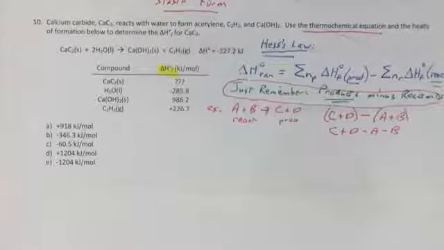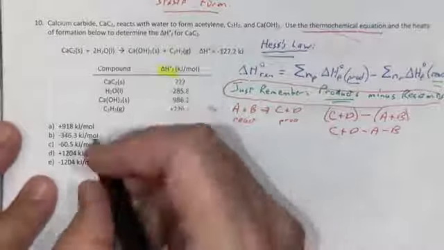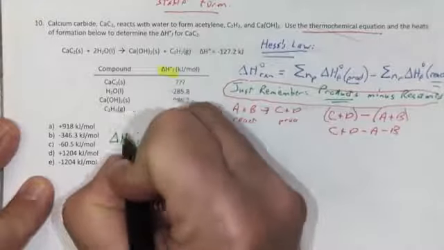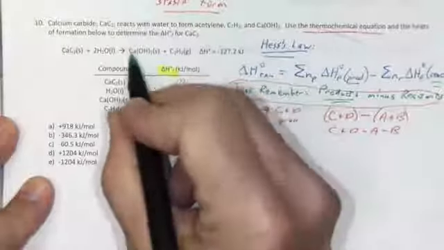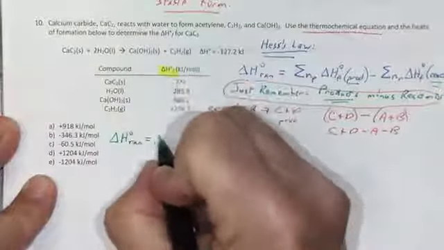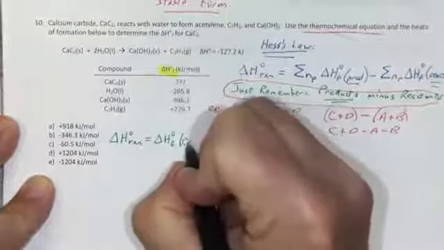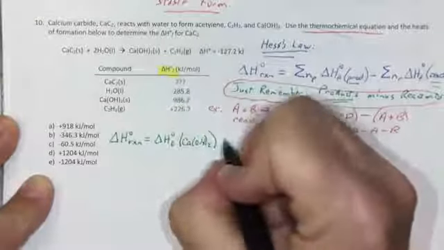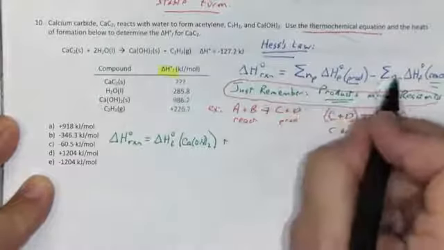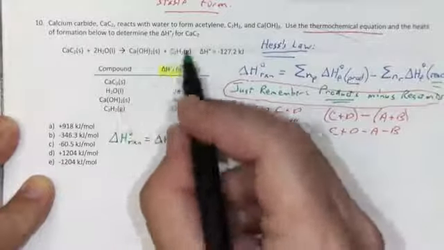Okay, so let's go about working this. I'm going to put it in words first before I plug the numbers in. So in this case, the delta H 0 for this reaction is equal to the products. It's going to be the delta H 0 of formation of CaOH2 plus 2 times, so the lowercase n represents the stoichiometric coefficients, the number of moles. Oh, there's just one here.